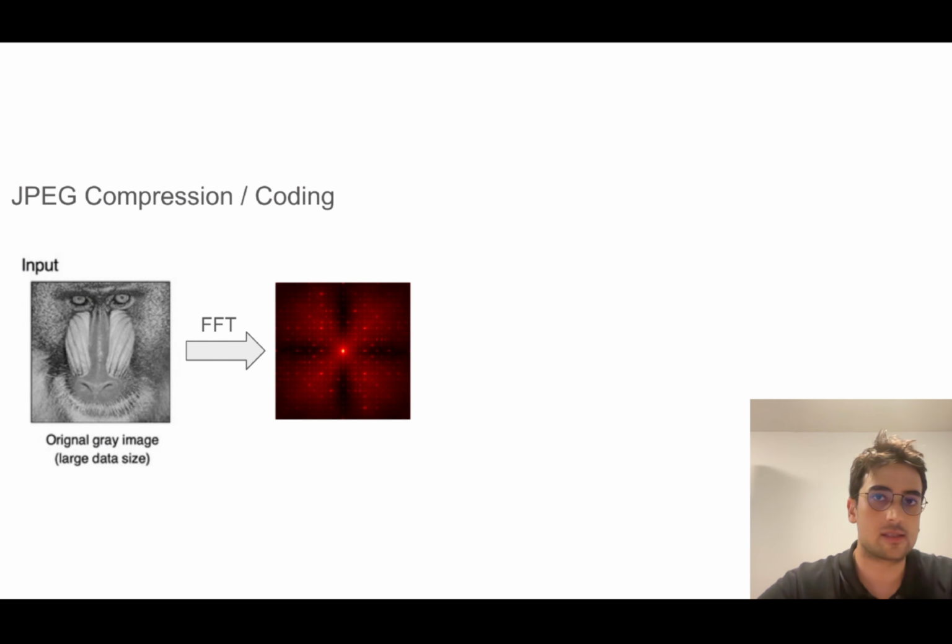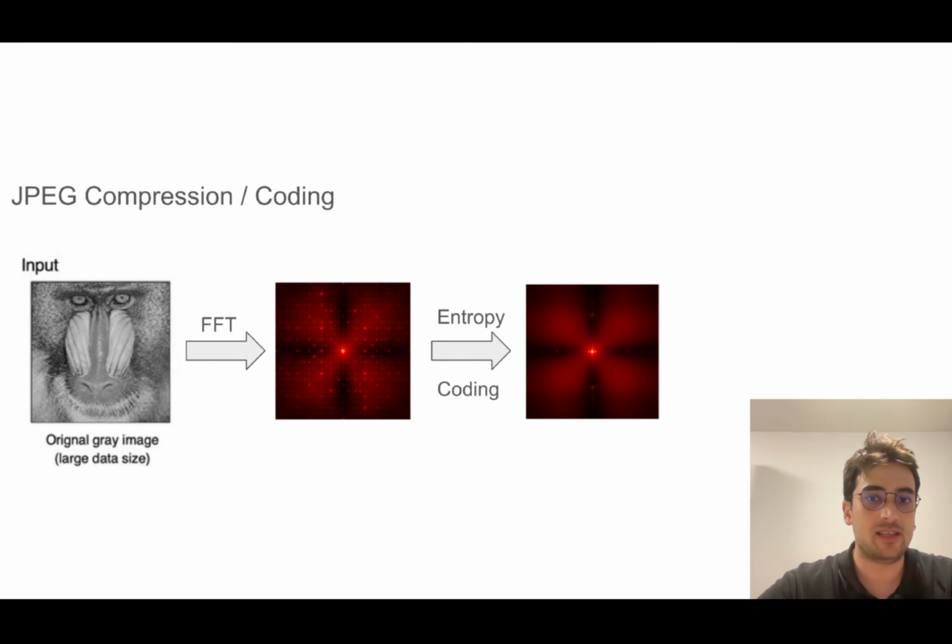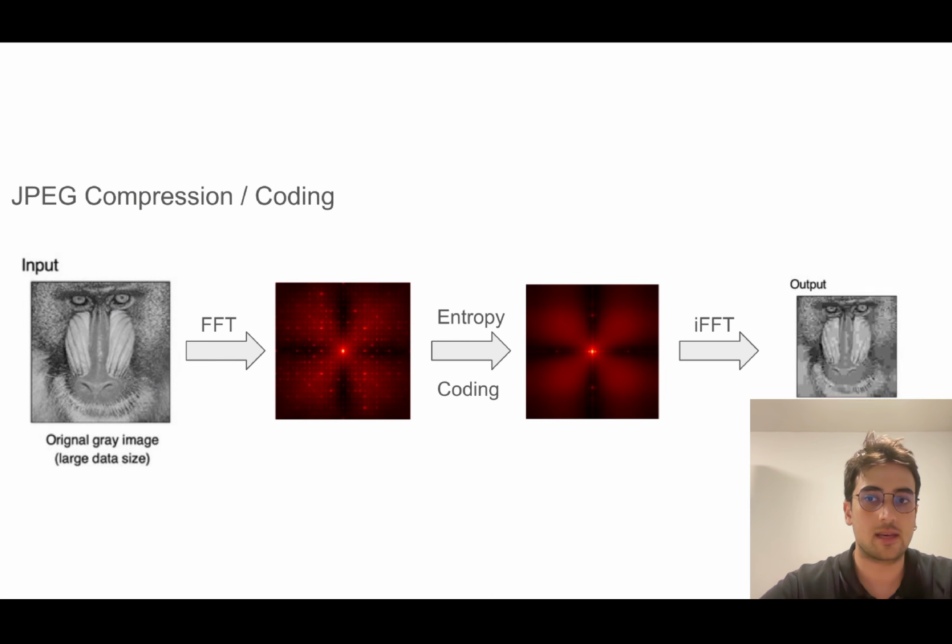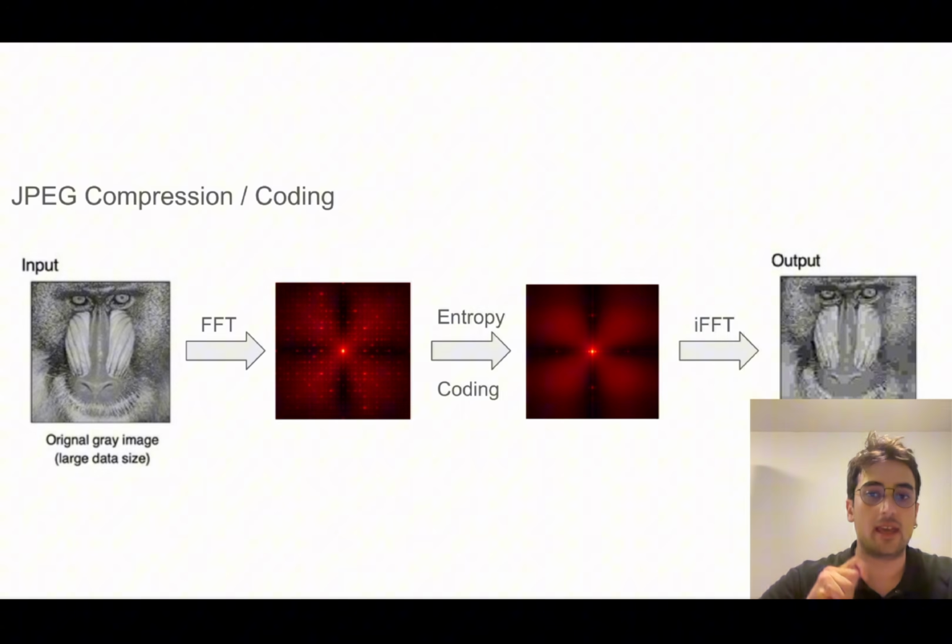But FFT has the same logic as I told you before. Then we have a step like entropy coding. It usually looks something like this. And then we have the inverse Fourier transform to have the image back, but this image this time is a compressed version, so it has a smaller data size than this one.